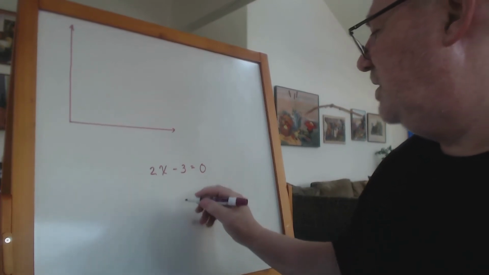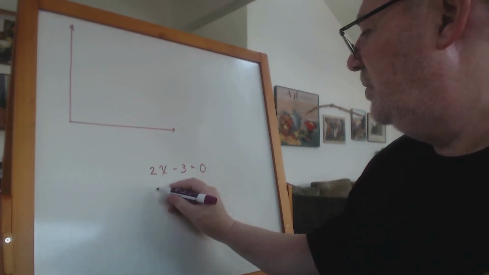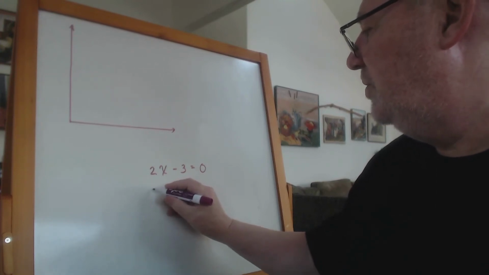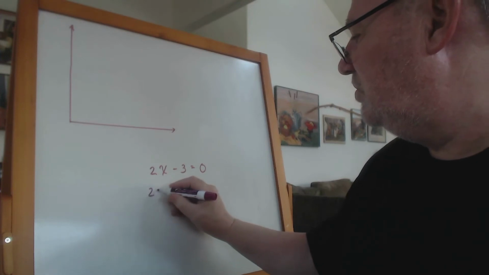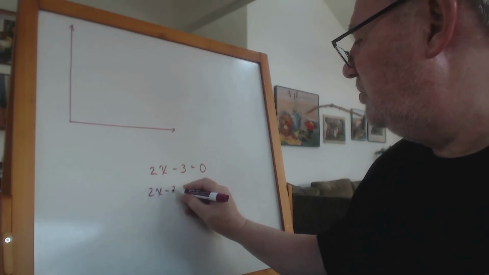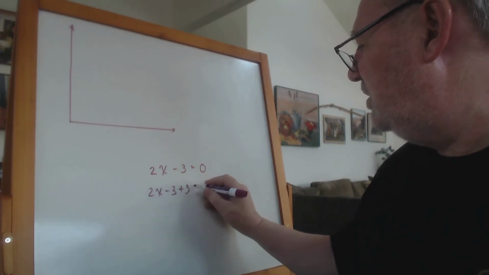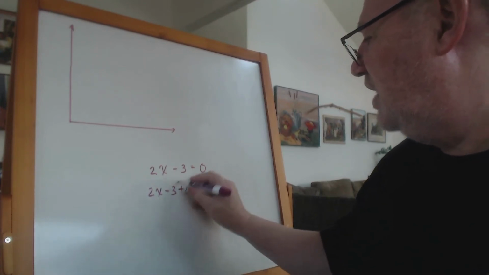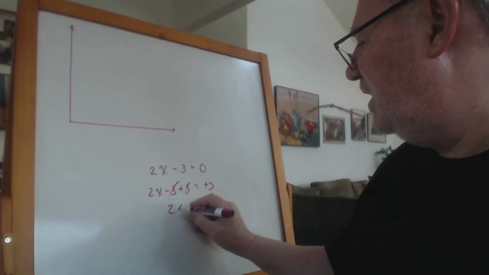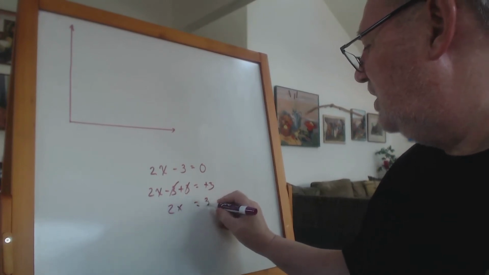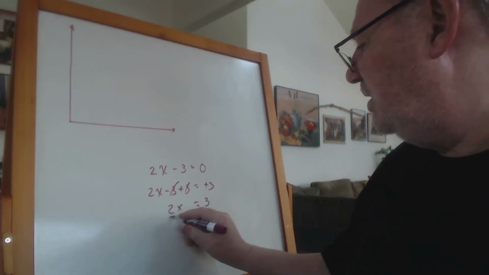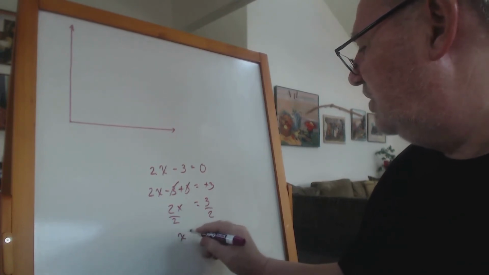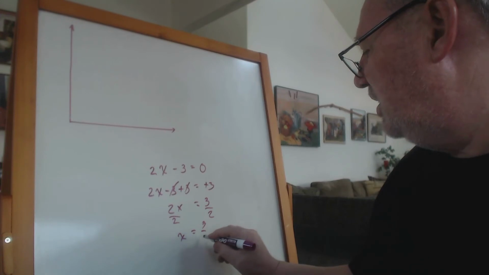And basically, we want to solve this. Again, it's a very simple case. We take 2x minus 3. We add 3 equals plus 3. Those cancel. 2x equals 3. And if we divide by 2 on both sides, we have x equals 3 halves.